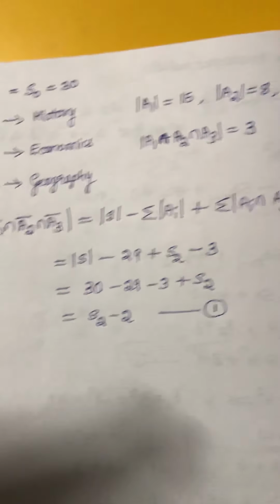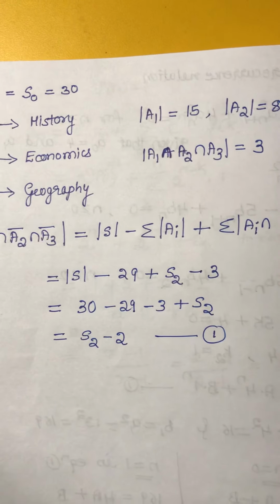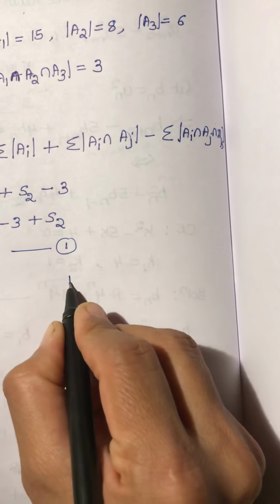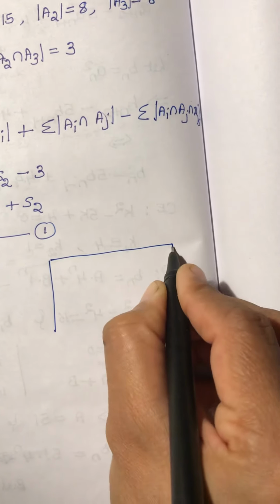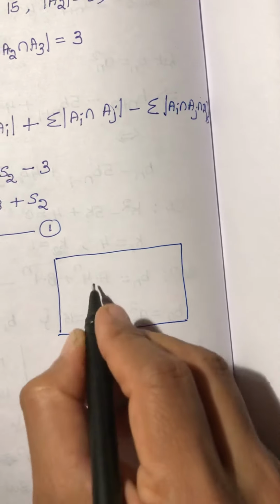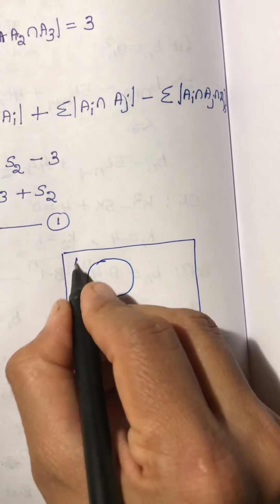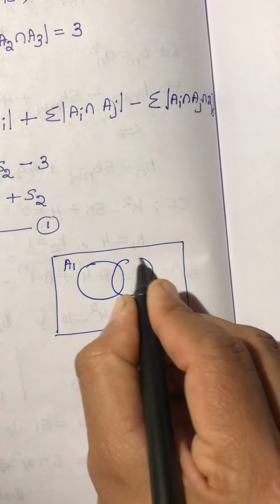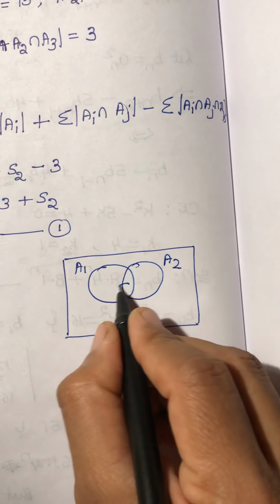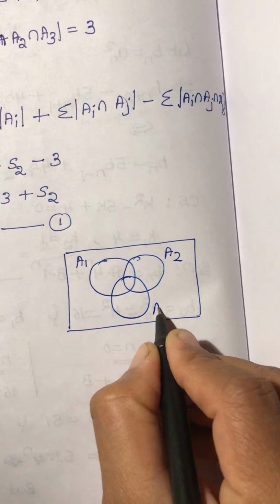But we know one thing. See, suppose I take a diagram like this. There are 3 sets in this problem. So maybe this is A1, this is A2 and this is A3.